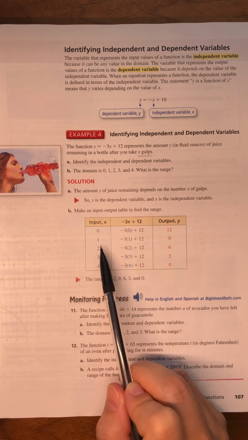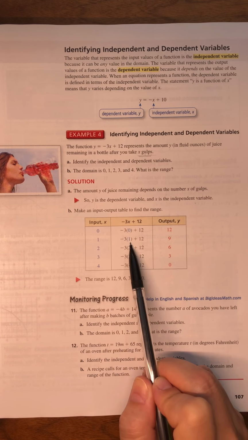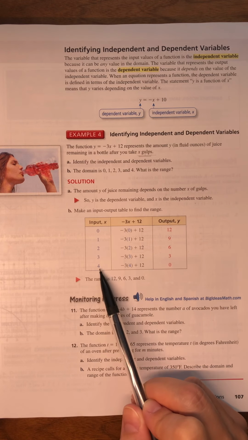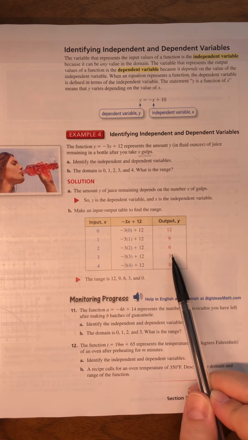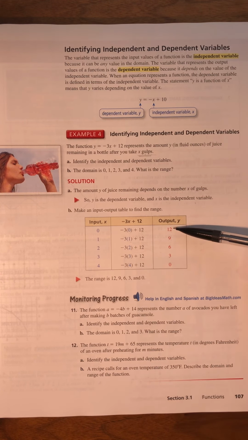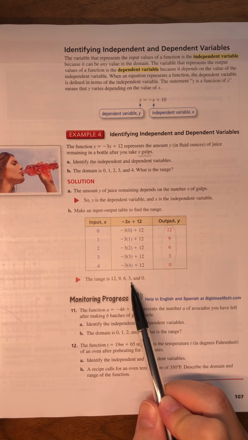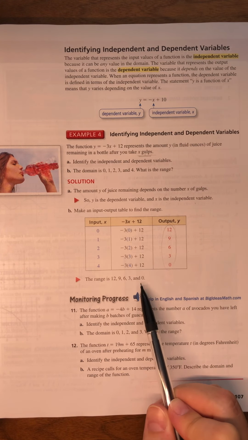Then I'm going to plug in 1 into our equation. -3 times 1 plus 12 would be 9. Plug in 2, plug in 3, plug in 4, and I would get 6 and 3 and 0. And then these values are all of our outputs, which would be our range. So our range would be 12, 9, 6, 3, and 0, just like that.